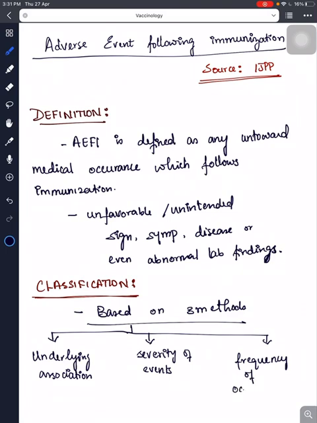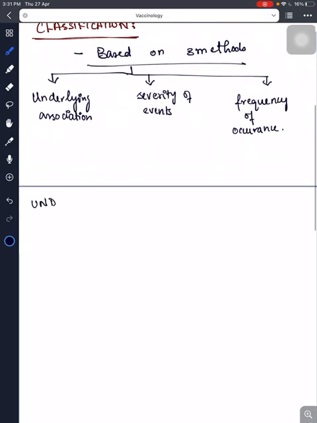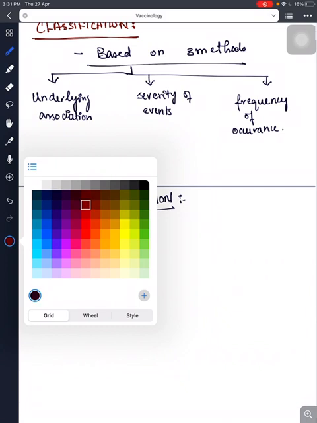The second one is based on the severity of events. The third method is based on the frequency of occurrence. First, we'll look into the underlying association.